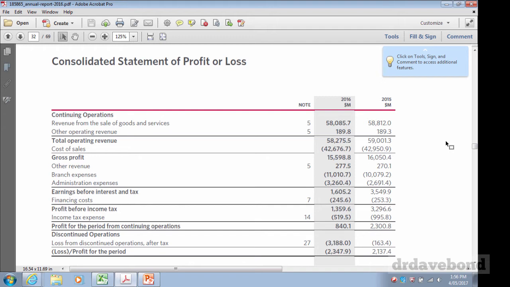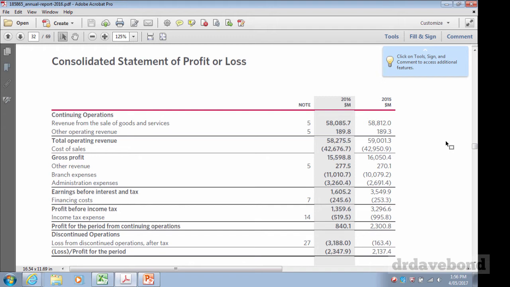Cost of sales we're going to take. Gross profit we're going to take. These three, other revenue, branch expenses, administration expenses, I'm going to collapse down and just call them expenses. So I've totaled these up, you'll see in a moment, but I'm just going to take these together. What we then get left with is EBIT, or earnings before interest and tax.